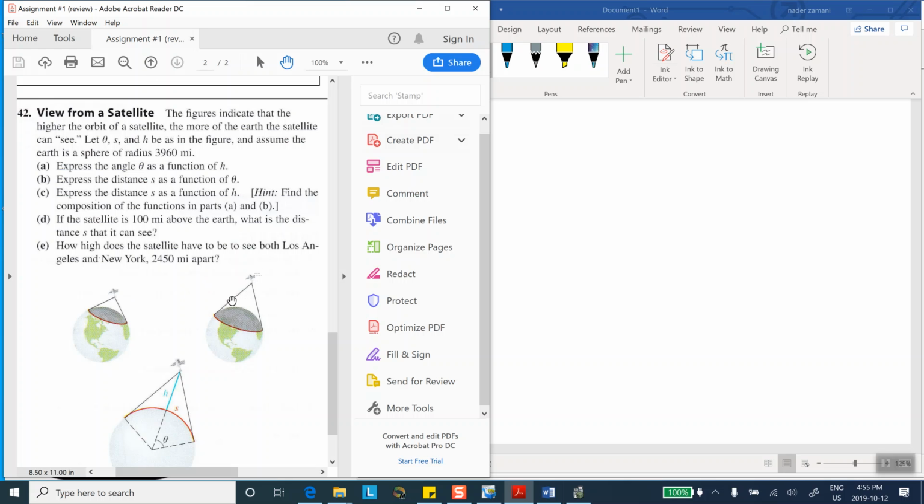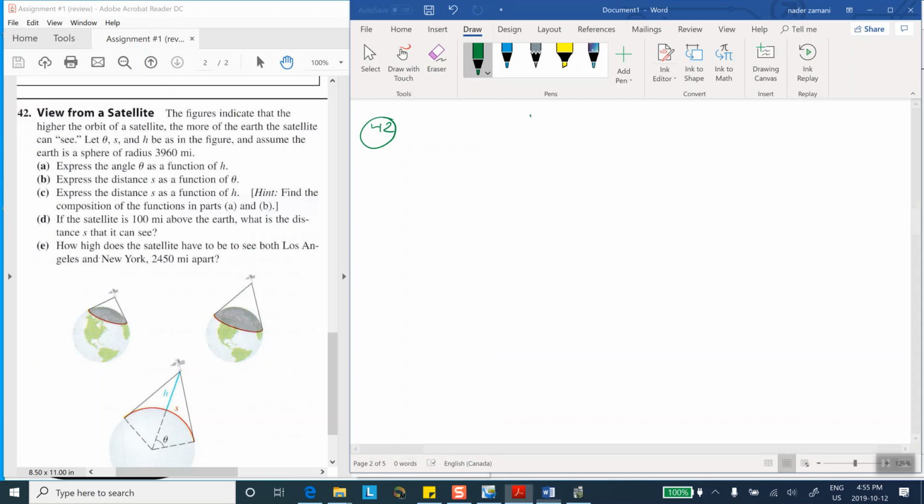Obviously, the higher it is, the more area of the Earth it is going to cover. So let theta be this angle. The radius of the Earth is given to be 3960 miles.